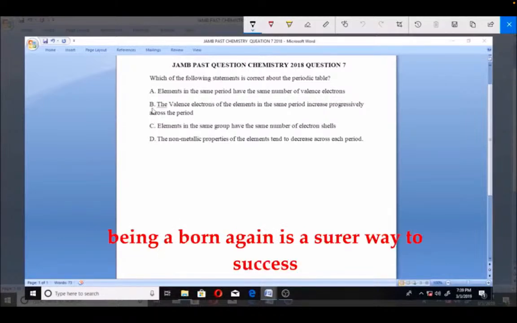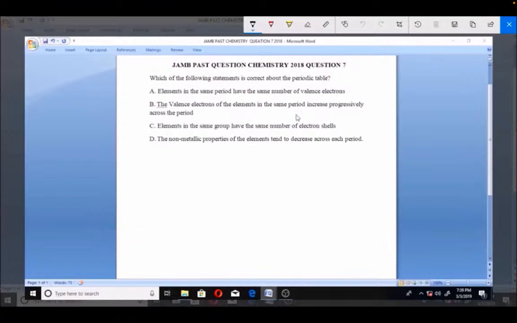B. The valence electrons of the elements in the same period increase progressively across them. C. Elements in the same group have the same number of electron shells. D. The non-metallic properties of the elements tend to decrease across each period.